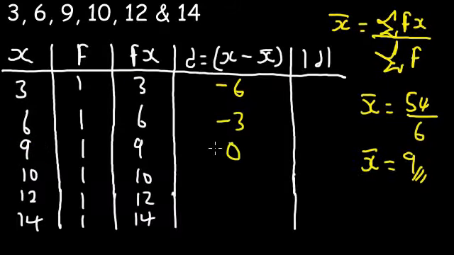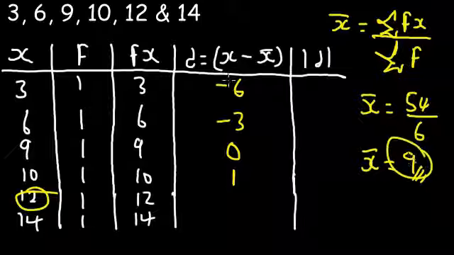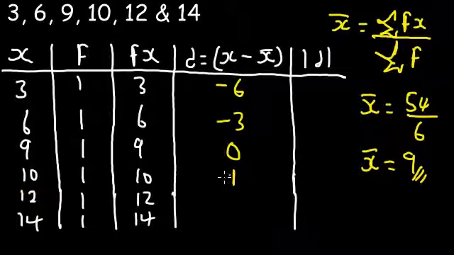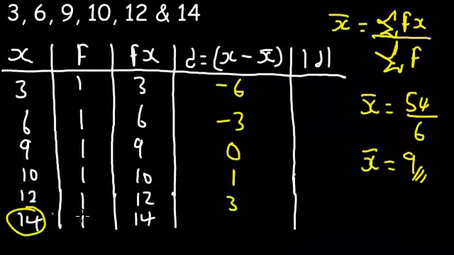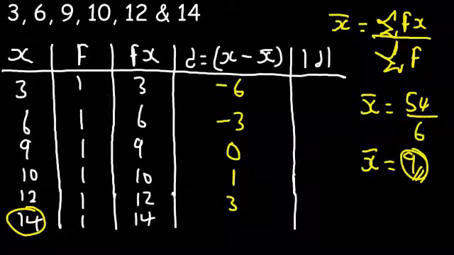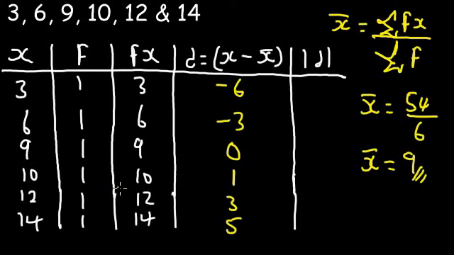Perfect. 10 minus 9 gives us 1. 12 minus 9 gives us 3. And 14 minus 9 gives us 5. That's it. So we have the fourth column fixed properly.